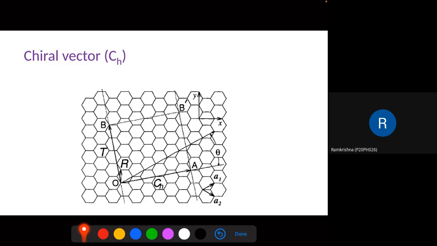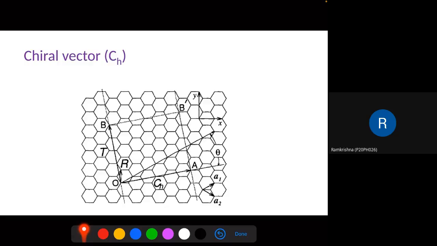When we look at two-dimensional graphene, you have these lattice vectors a1 and a2. This is how you define your lattice, and by repeating this unit cell you can create this two-dimensional structure.